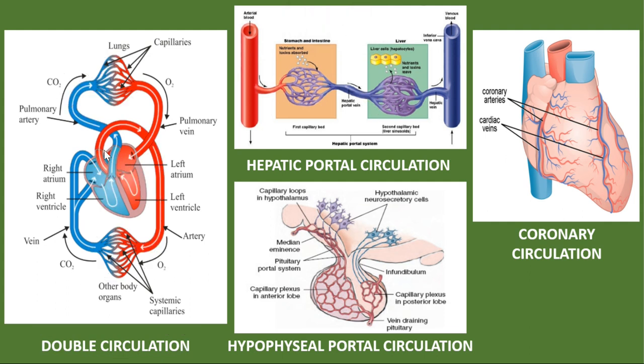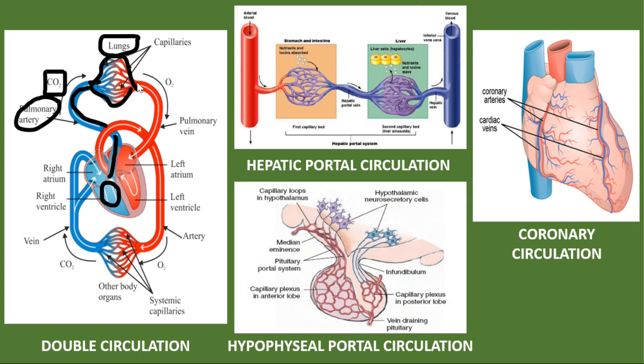First, pulmonary circulation. The right ventricle, this is the right ventricle part, pumps deoxygenated blood into the pulmonary trunk, which divides into pulmonary arteries, and these supply deoxygenated blood to the lungs for oxygenation.